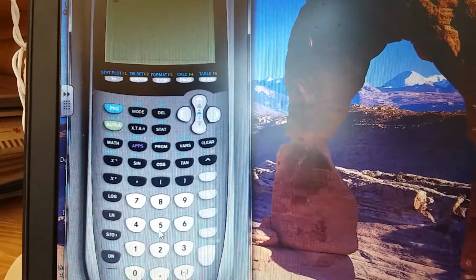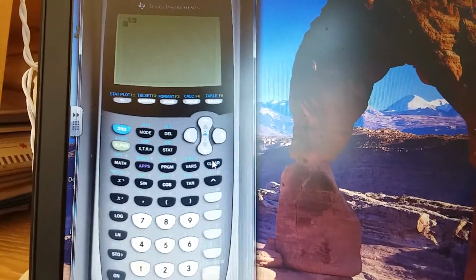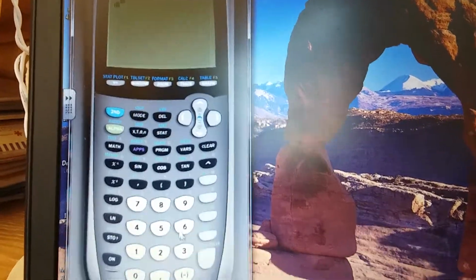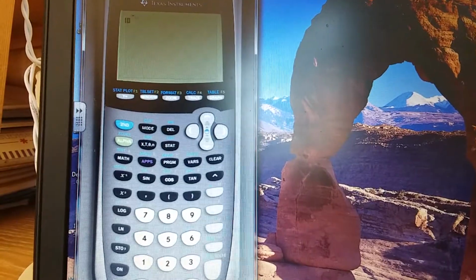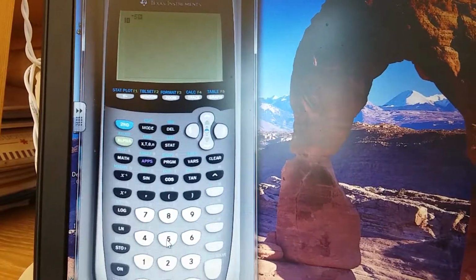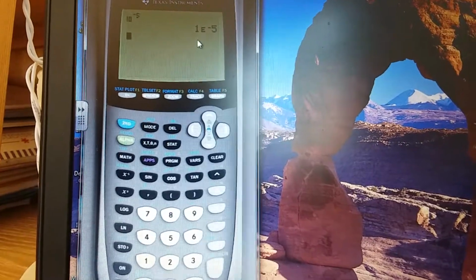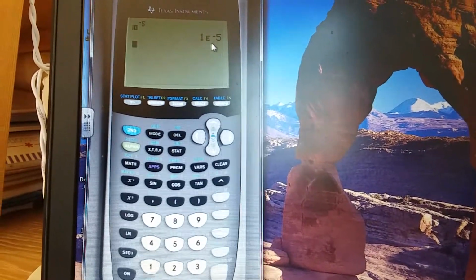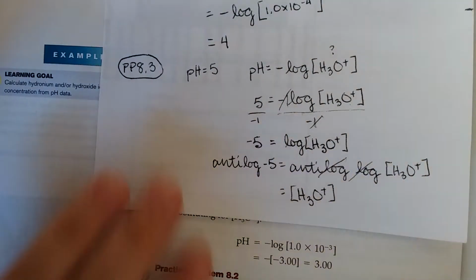And so we put in our pH of -5, and then we hit enter, and we get 1 times 10 to the -5, because that's what the E means.